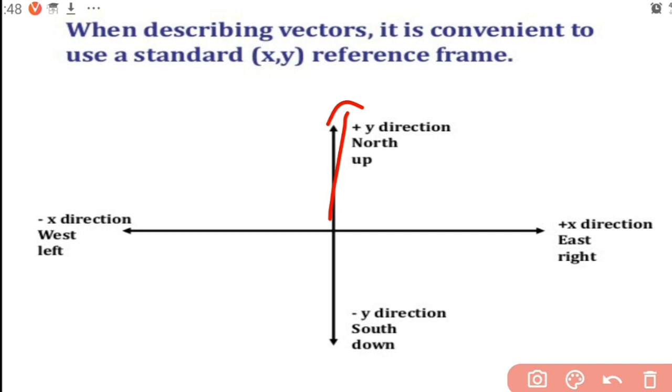Towards north, we will draw it in upward direction, and towards south in downward direction. Towards east we will draw in positive x direction, and towards west in negative x direction. That's how we will follow the directions.